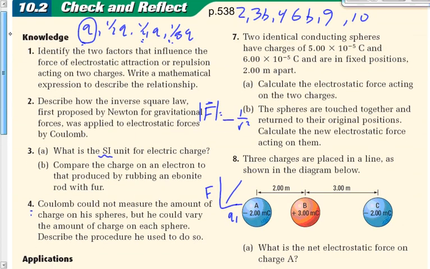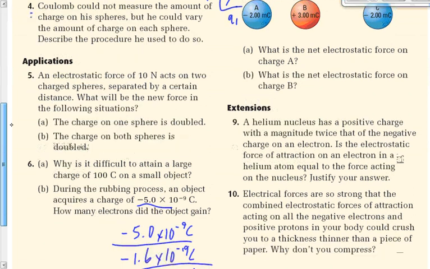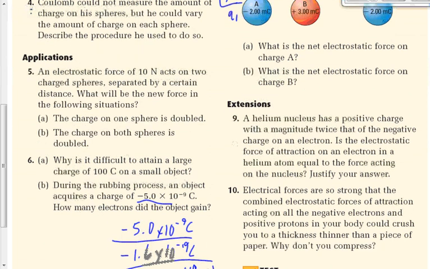All right, number 9. A helium nucleus has a positive charge of the magnitude twice that of the negative charge on the electron. So if you're taking chemistry, you'll be familiar with how this works, right? In a helium nucleus, there is going to be 2 protons, always. If there's not 2 protons, it isn't helium, right?